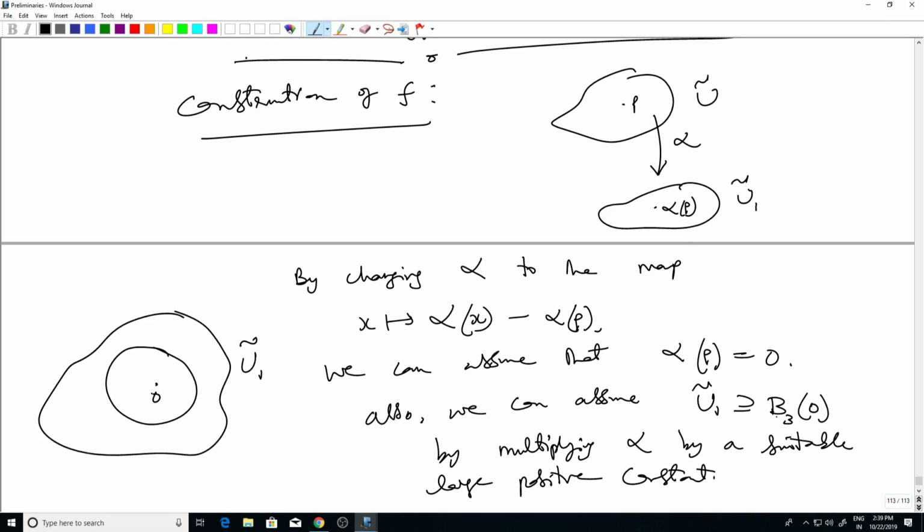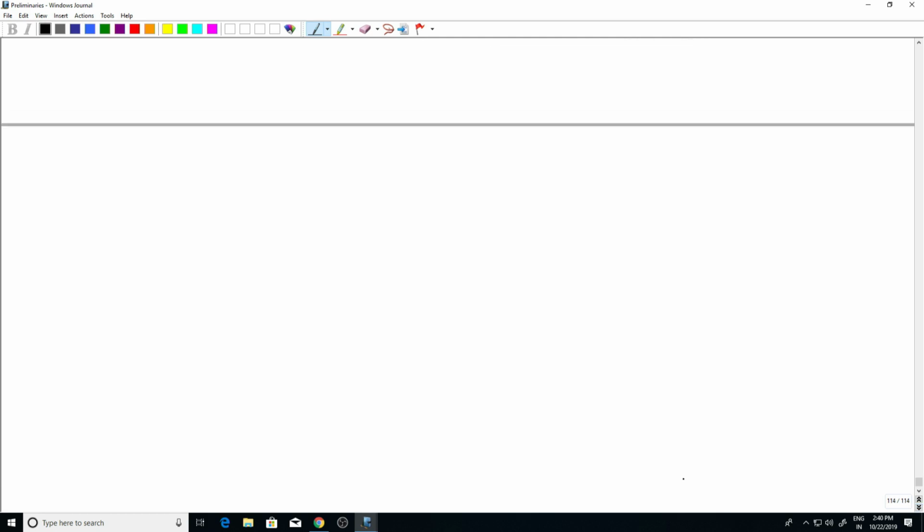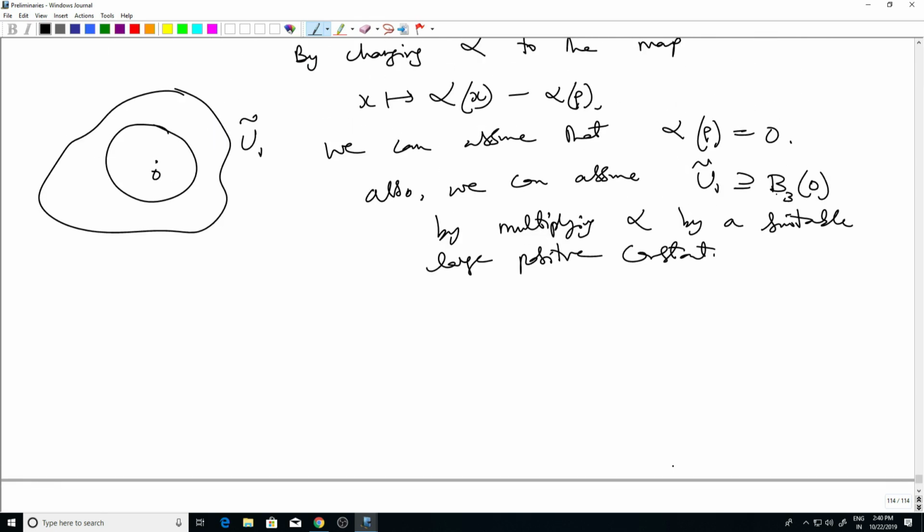So this is 0, and we have a ball of radius 3 in the image. Well, we have seen already that we can construct a C infinity function now.